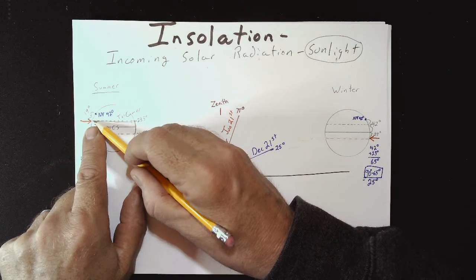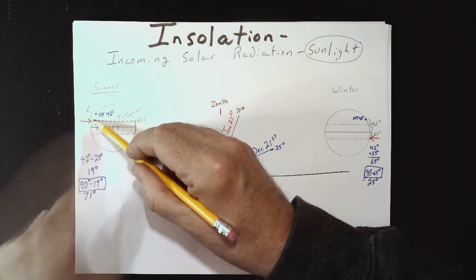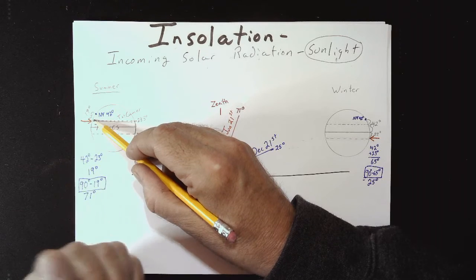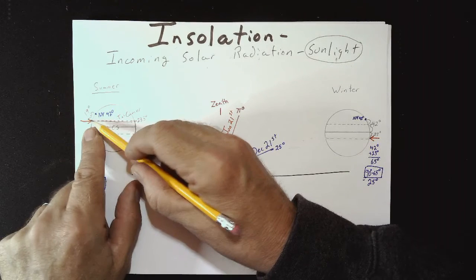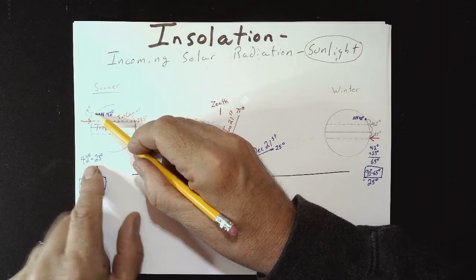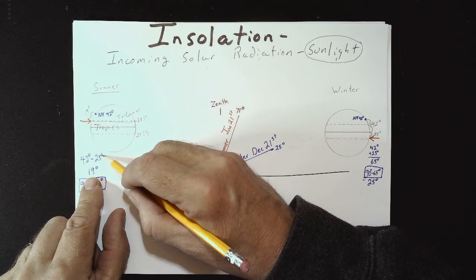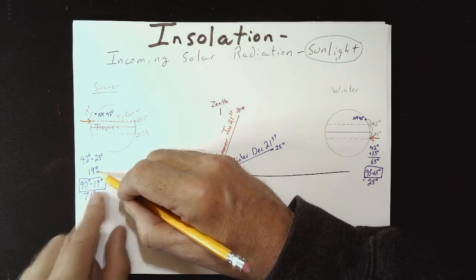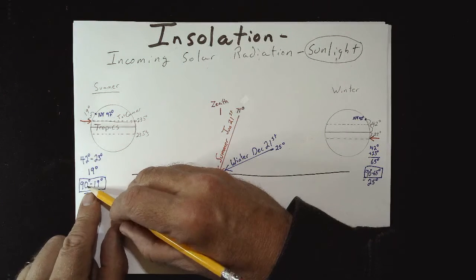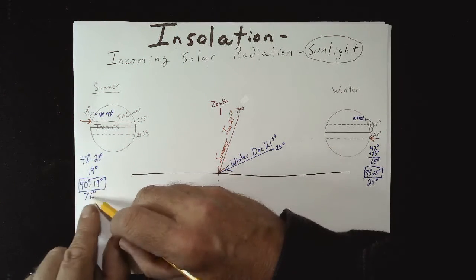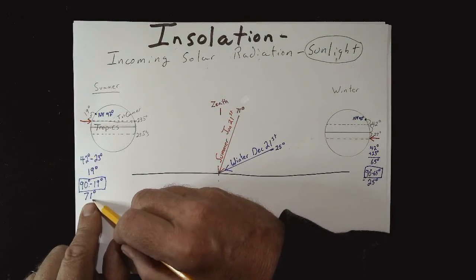If we were 1 degree away from there, the sun would be 89 degrees. Well, we're not 1 degree, we're 19 degrees. So 42 minus 23 degrees is 19 degrees. If we take that 19 degrees away from 90, that gives us 71 degrees.